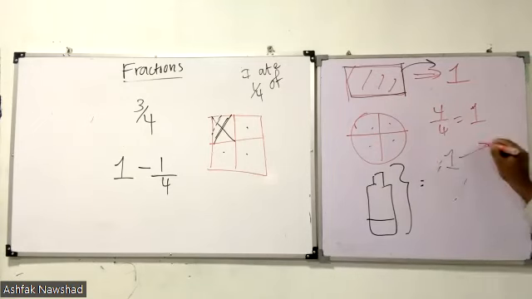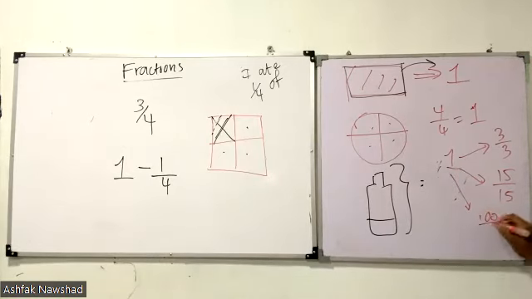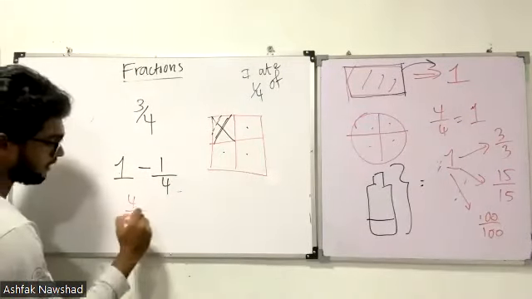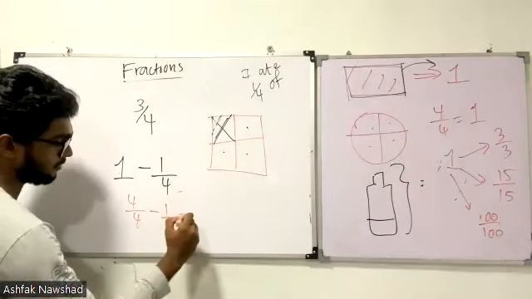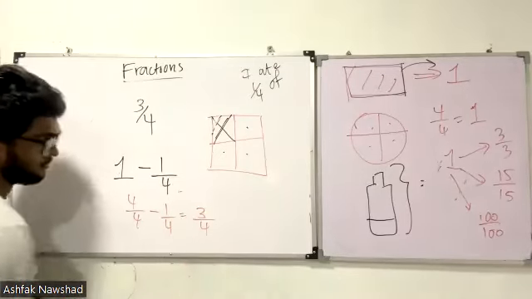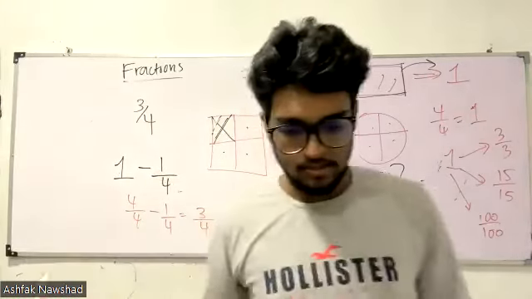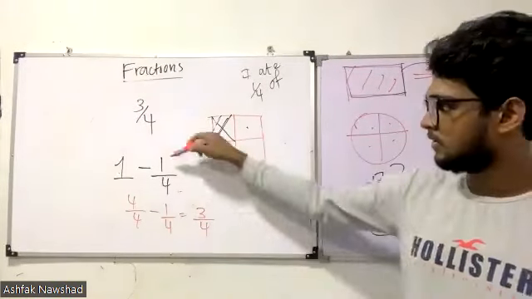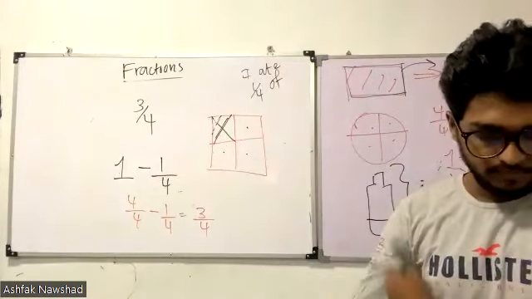If you want 1, you can write 3 over 3, 15 over 15, or 100 out of 100. Everything is 1, right? So I need the denominator to be 4. So I'll consider this to be 4 over 4 minus 1 over 4, which is 3 over 4. This is how you must answer the question. You can't go for diagrams in the O-level paper. This is how you must answer. Is that clear?